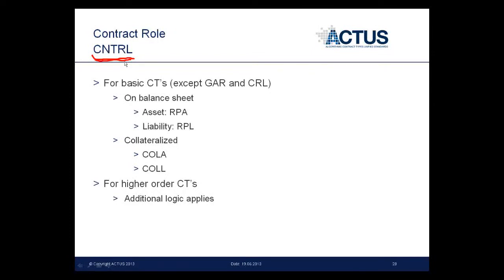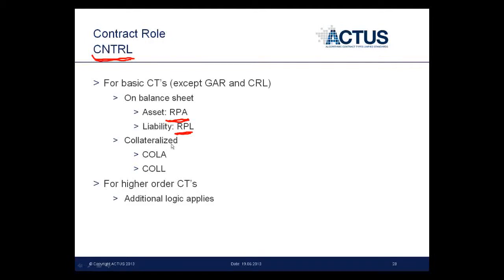This happens in this attribute CNTRL. CNTRL has the following states. If it is a simple balance sheet position, it is either RPA for an asset or RPL for a liability.